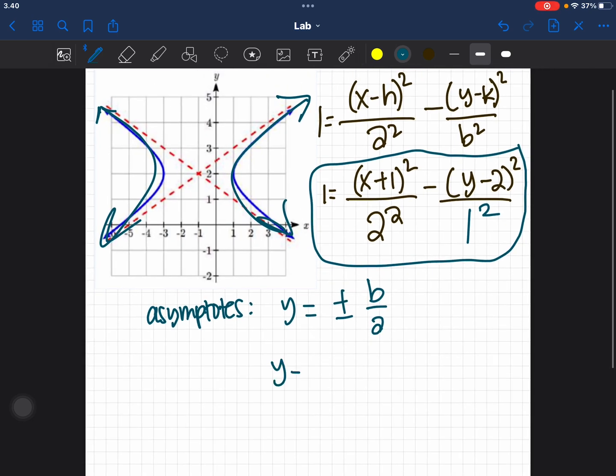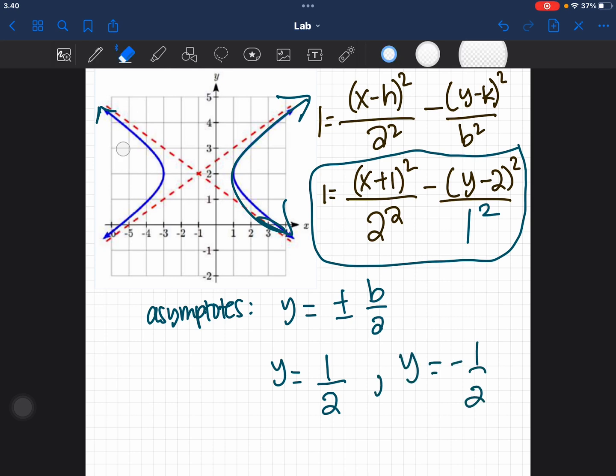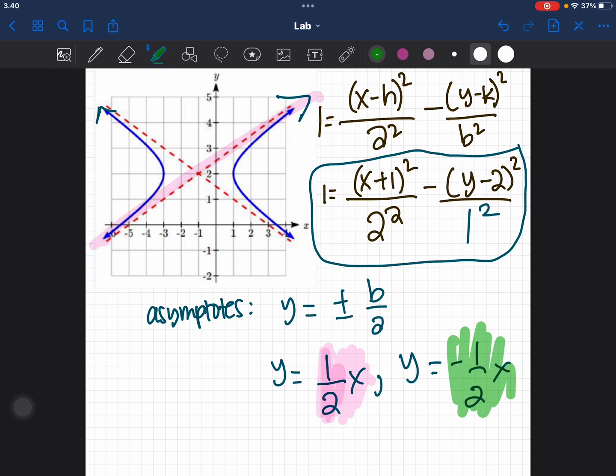So that would mean y equals b was 1 over, and then a was 2. So the negative would be -1 over 2. Oops, I forgot to put x. So here would be this, and then -half x would be this here.